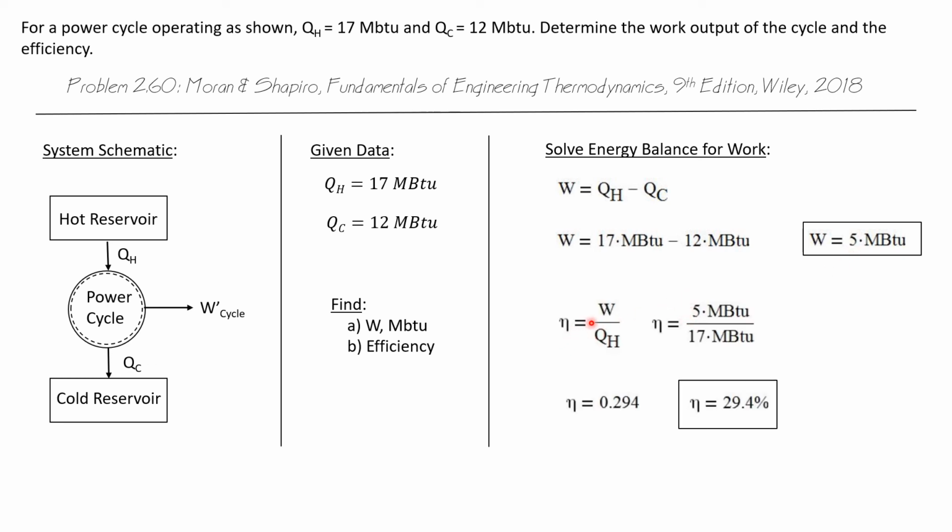The efficiency is given by the work output divided by the energy input by heat transfer from the high temperature reservoir. So we have efficiency equal to 5 million BTUs divided by the heat input of 17 million BTUs. That is an efficiency of 0.294 or 29.4%.